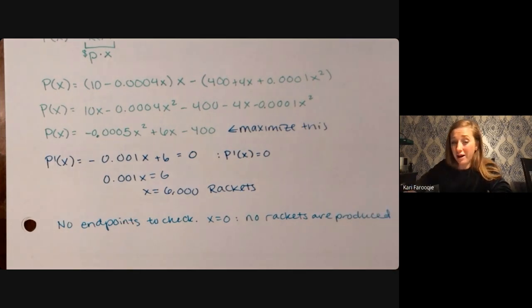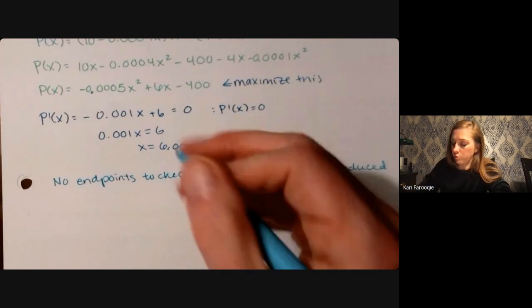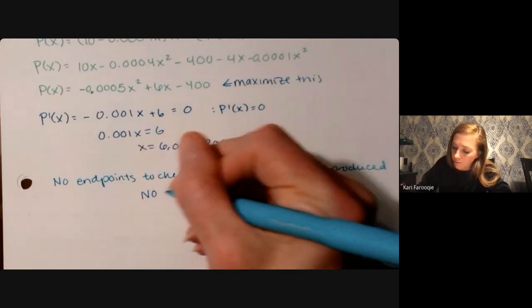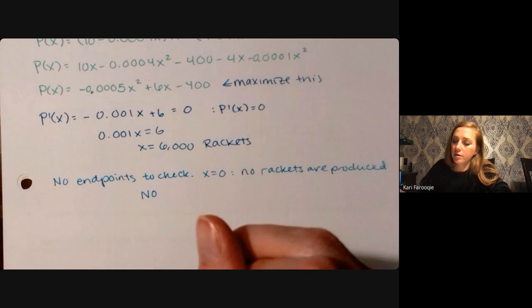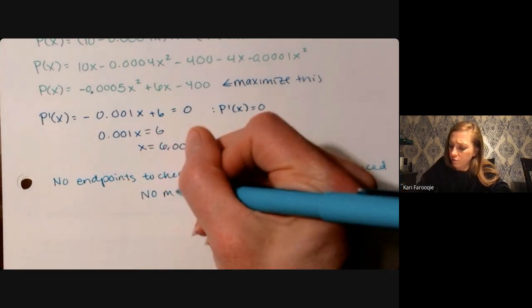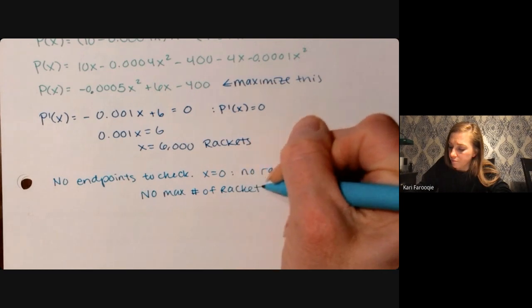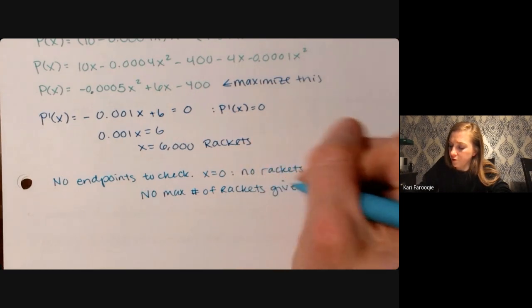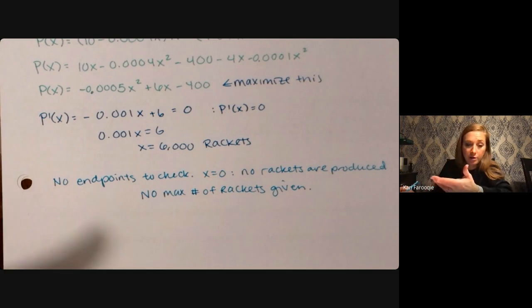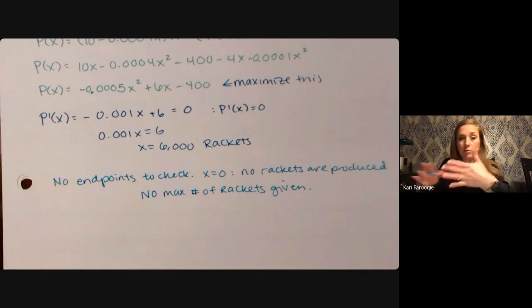And we don't have a maximum value of X. We would say we have no maximum number of rackets given, so we don't have a number that we were cut off at.